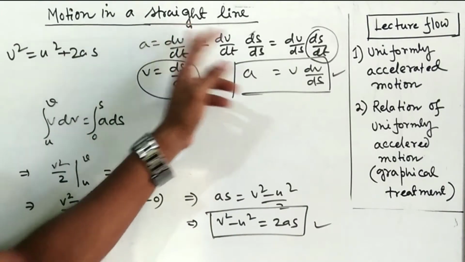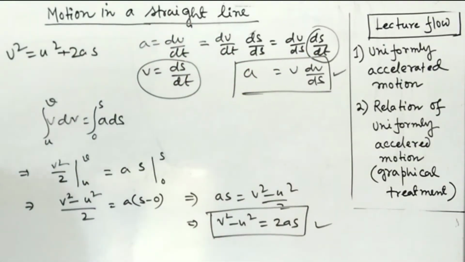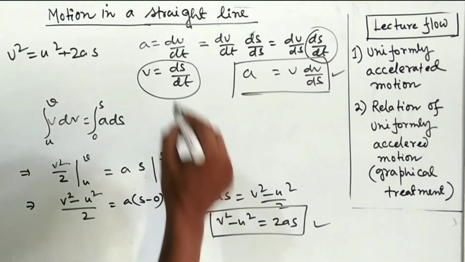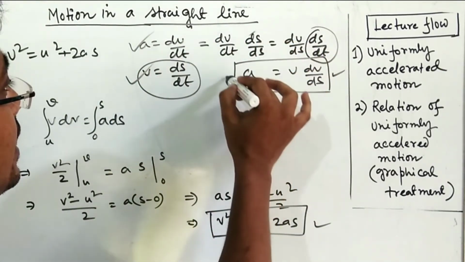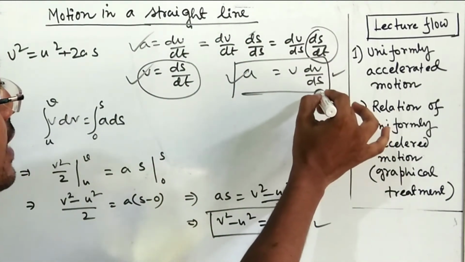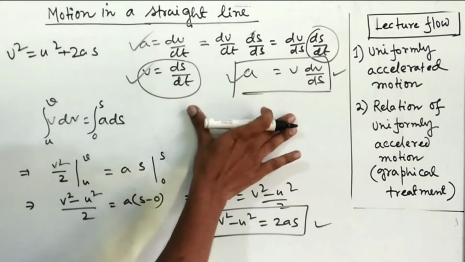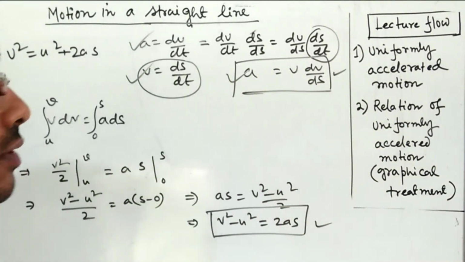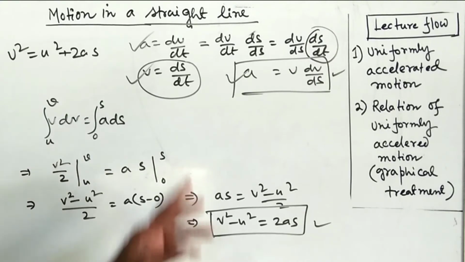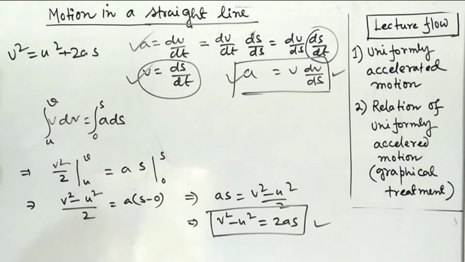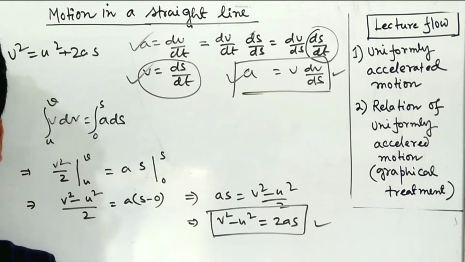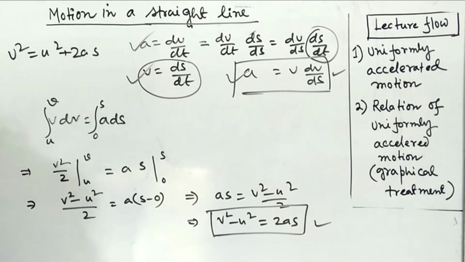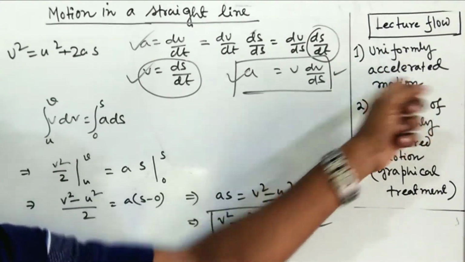So here these formulas are very important. You can see a is equal to dv by dt, v is equal to ds by dt, a is equal to v dv by ds. These formulas are actually the general formulas of motion. But what I have deduced here, v is equal to u plus at, s is equal to ut plus half at square, v square is equal to u square plus 2as, these formulas only apply to uniformly accelerated motion.